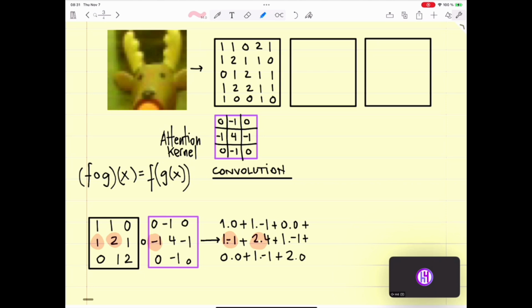So as you see, this is super easy math. The most important value here is going to be the one in the middle. So this value of 2 is going to be highlighted. Whatever is there is going to be highlighted. The rest is going to be drifted down.